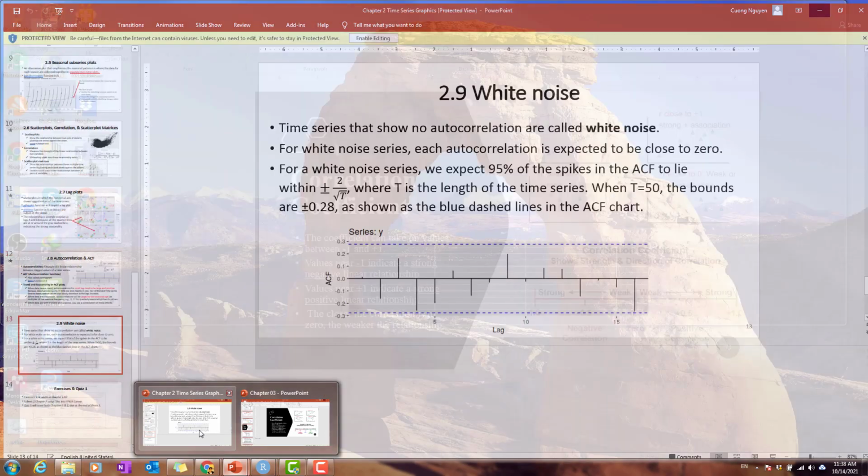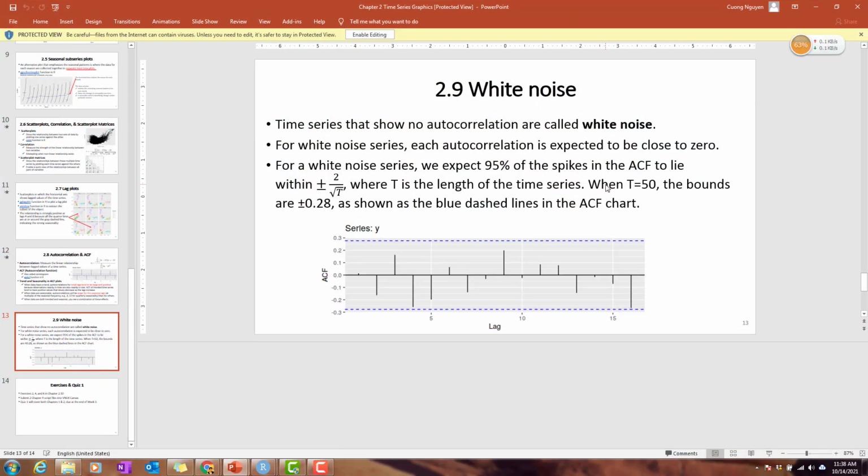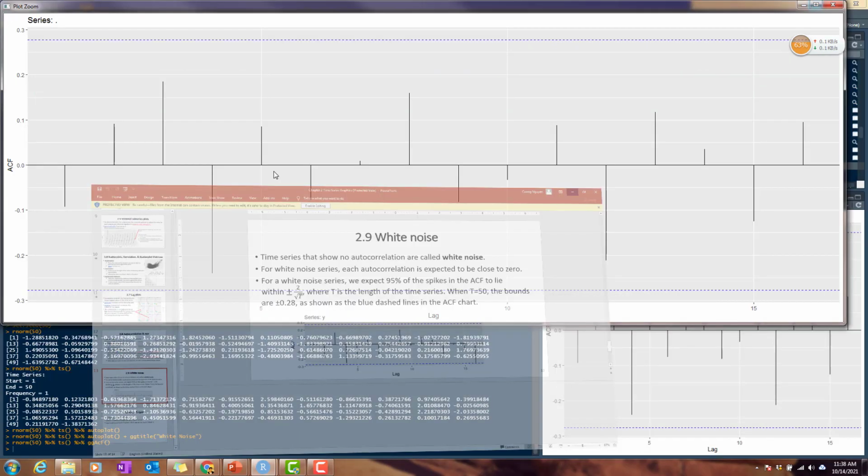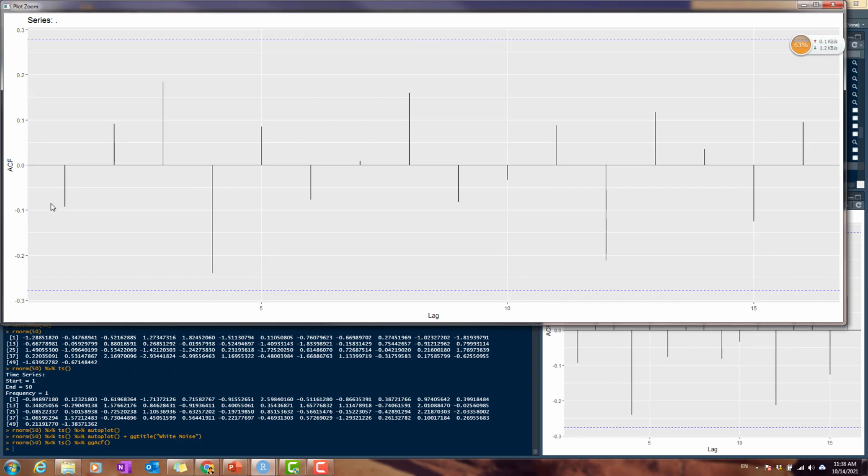And remember the criterion for the significance level of the autocorrelation function: that will be 2 divided by the square root of T, in which T is the length of the time series. You check whether the values in the ACF plot are larger than that number, and if so, they have a significant level.